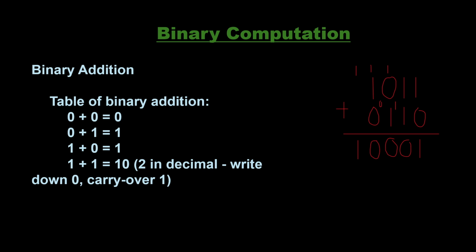Finally, 1 plus 0 plus 1, the carry, equals 10. So the answer is 10001. That means 1011 plus 0110 equals 10001 in binary.